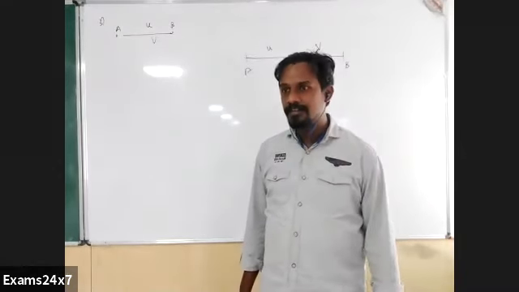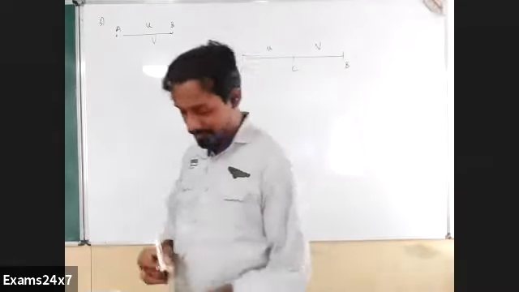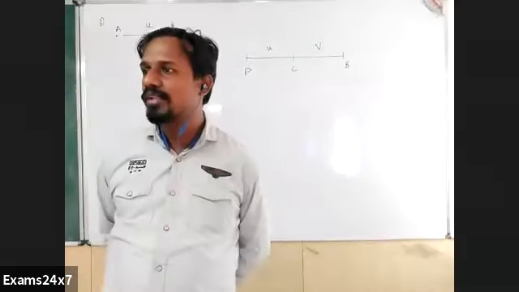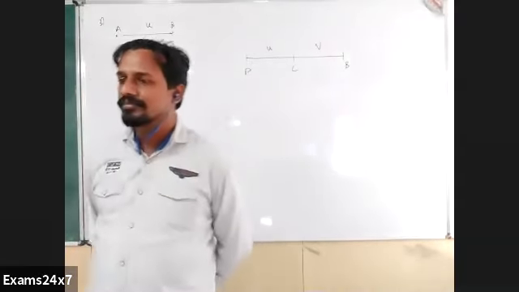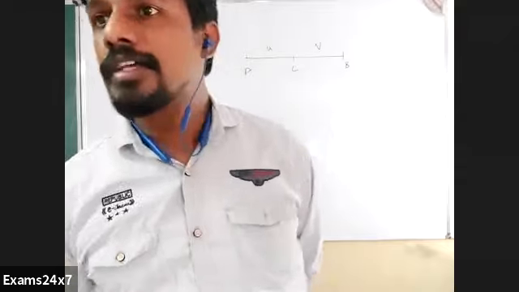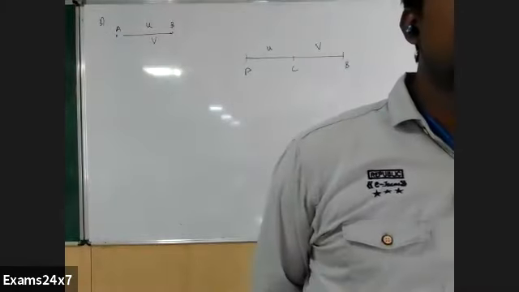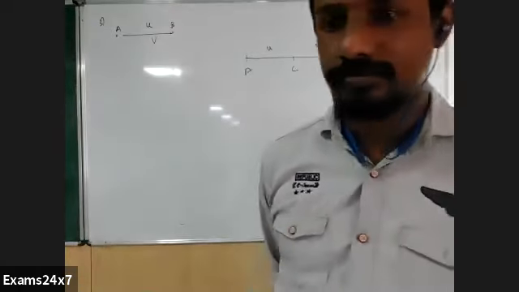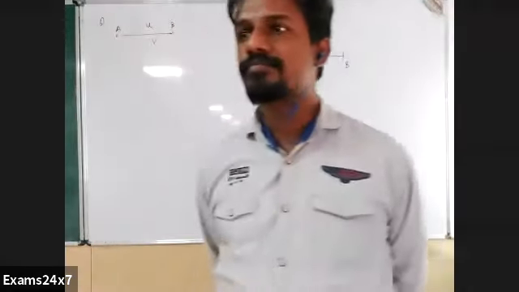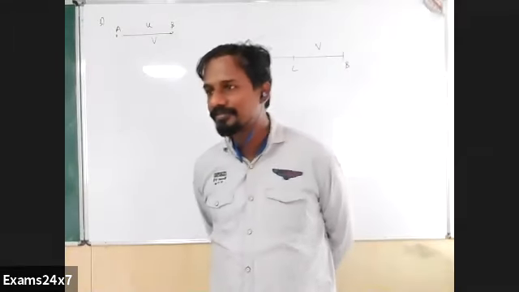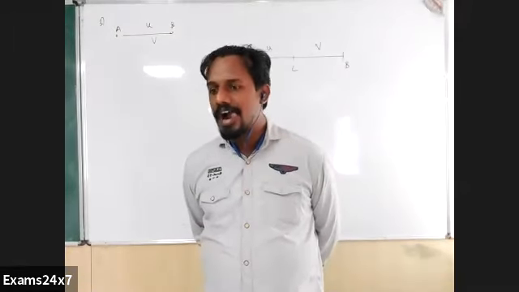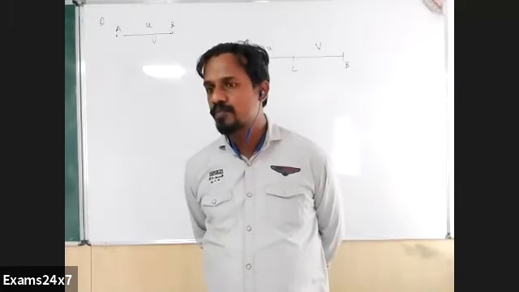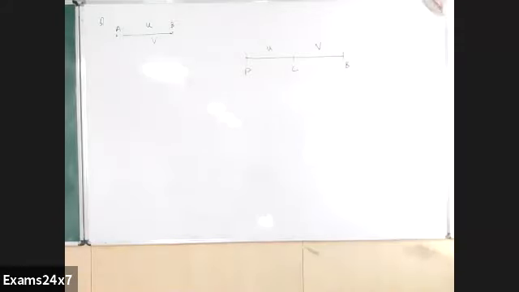Is that? Check the heading of that also, please. An object travels half the distance with a speed U and another half of the distance with a speed V. Yes, let me check.